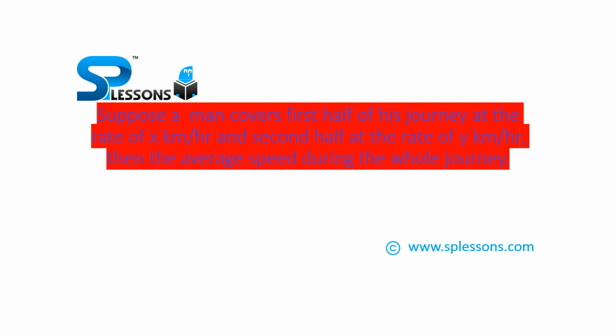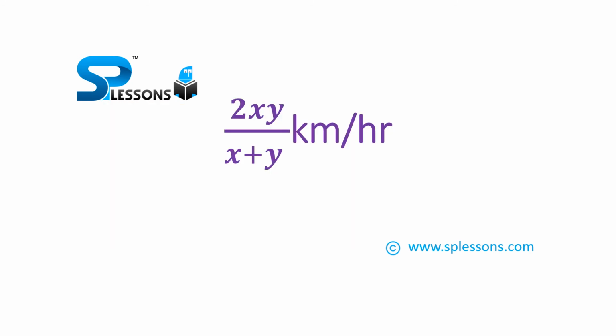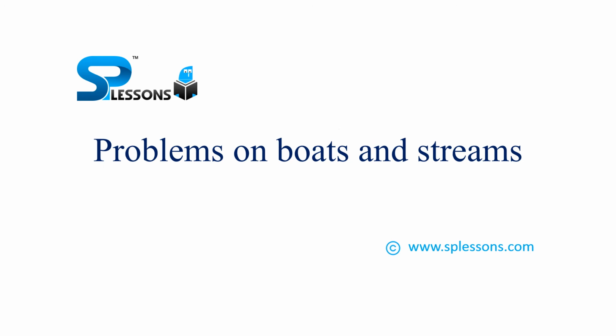Suppose a man covers the first half of his journey at the rate of x km per hour and the second half at the rate of y km per hour, then the average speed during the whole journey is the same as the previous one, that is 2xy by x plus y km per hour.